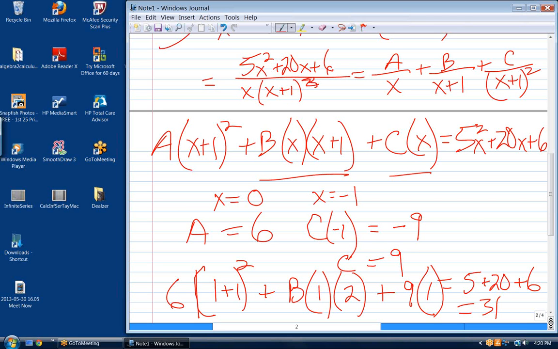If this was a 3, like that, then we would need a plus D over x plus 1 cubed. We would need all three or all four of those terms. Okay? And the common denominator would be x times x plus 1 cubed.